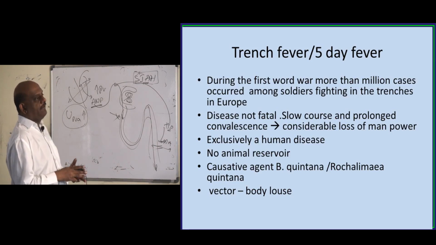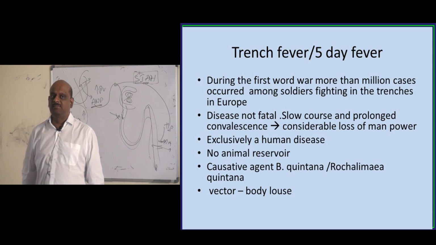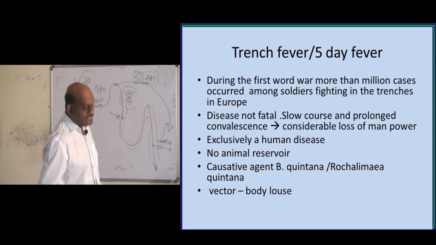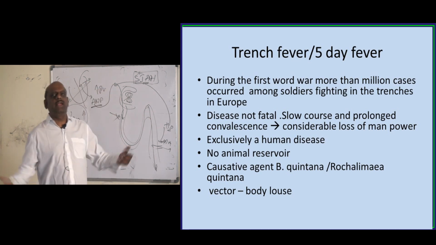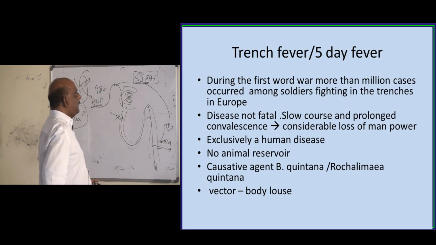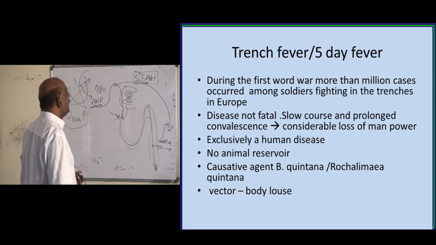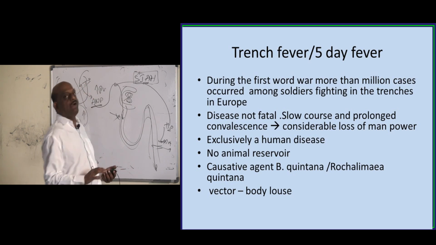Trench fever's other name is 5-day fever. What is it called? 5-day fever is what you have to remember. So why is it called trench fever? Millions of people got this infection while they were fighting in the trenches in Europe during the World War days. It is not fatal, but it has a slow course, prolonged convalescence.